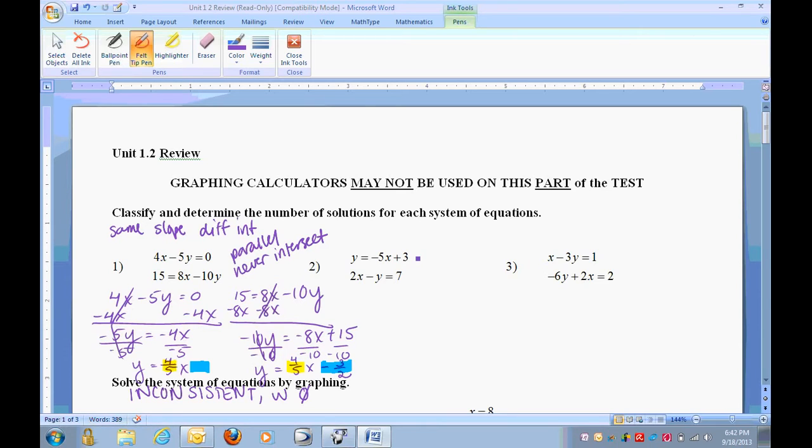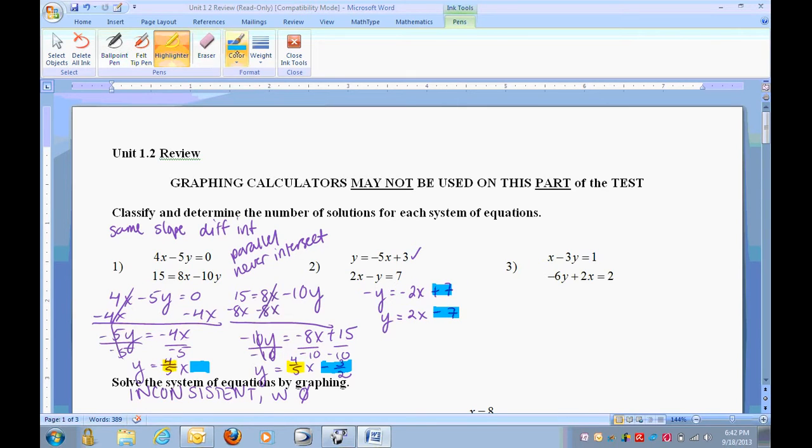Alrighty, moving on to number 2. The first equation's already in slope-intercept form, so now let's move the second equation to be in slope-intercept form. I've got to move the 2x over to the other side, so it becomes negative 2x. And then I have to divide everything by negative 1, so I end up with y equals positive 2x minus 7. Okay, well, you notice that, again, the y-intercepts are negative 7 and positive 7.